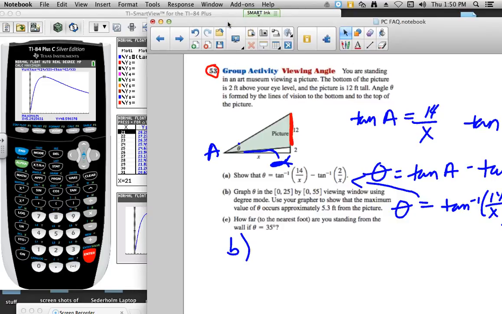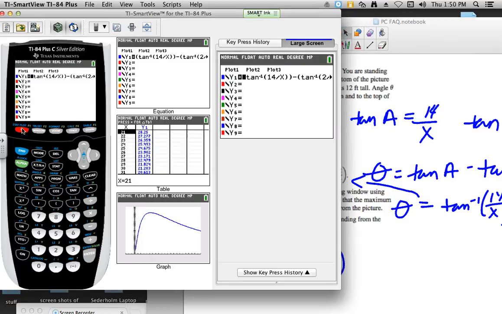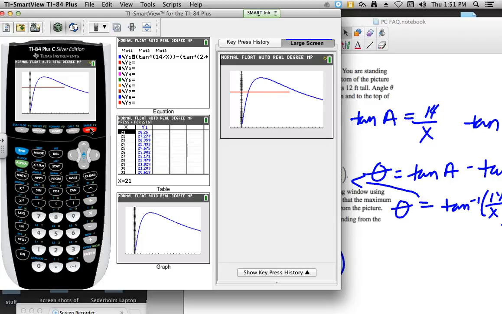And then for C, how far to the nearest foot are you standing from the wall if theta is 35? So if theta is 35, we think about, well, that's going to set up all of this here. So this is going to be 35 degrees. Well, let's just use y sub 1 and y sub 2 and let's see where it happens. So down here we want 35 degrees. And we want a graph. We can see we're going to have two answers.